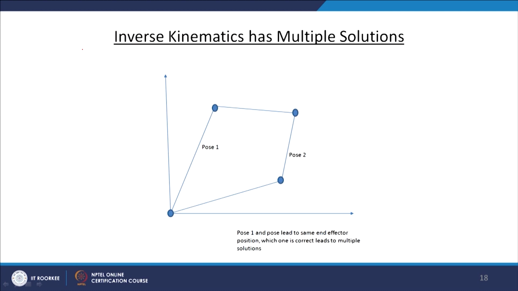So, we can see that link 1 is like this, and if you extend it from here, we measure the angle theta 2. This is in the anti-clockwise direction, which is called the positive direction. So, if theta 2 is positive, we get this configuration, and if theta 2 is negative, we get the other configuration. So, for reaching the same position x y, we have 2 solutions for the inverse kinematics problem.